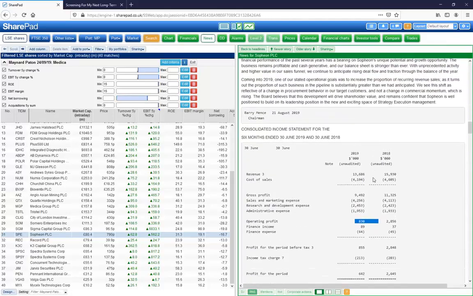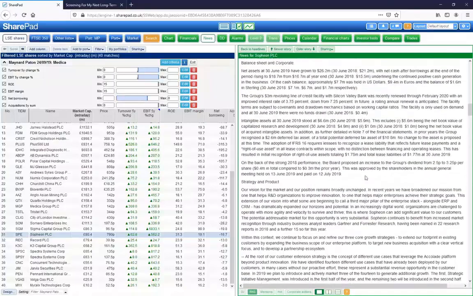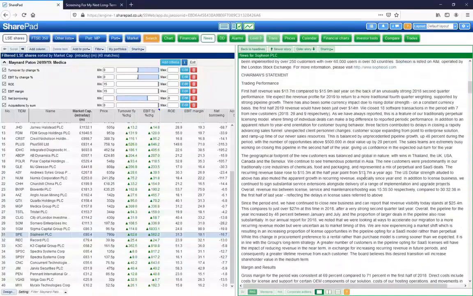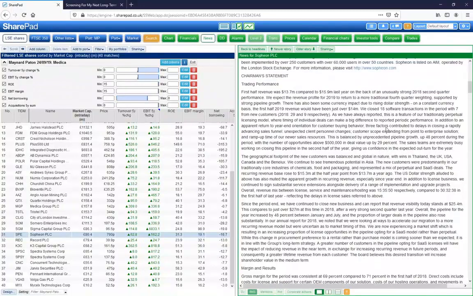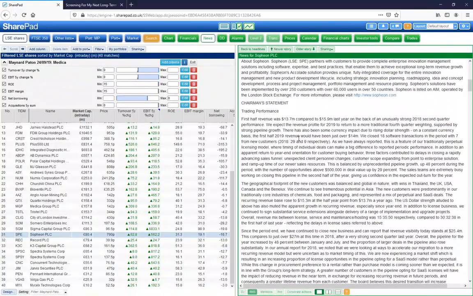So why have profits collapsed? We need to read what the chairman has to say. And he says, here we go, we closed 18 software transactions in the period, and last year it was 29. So they've just sold less software.